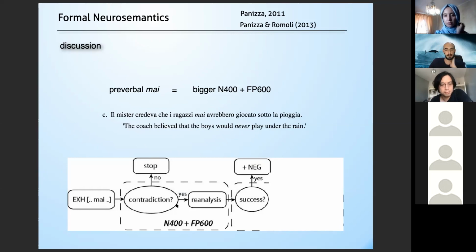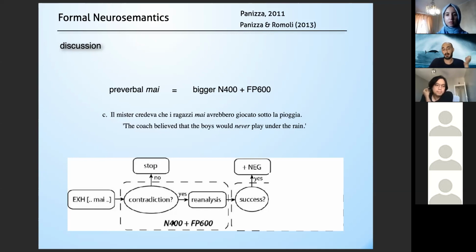But then the beauty of your Romance language would give you the possibility of repairing this problem. So with a sort of grammatical reanalysis, which is reflected in the biphasic pattern N400 and frontal P600.